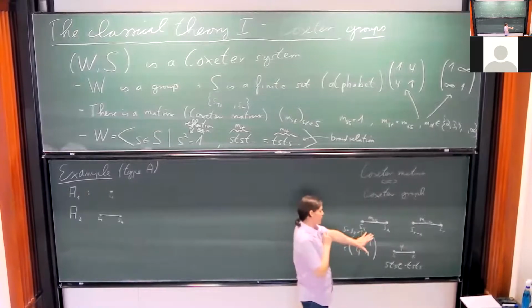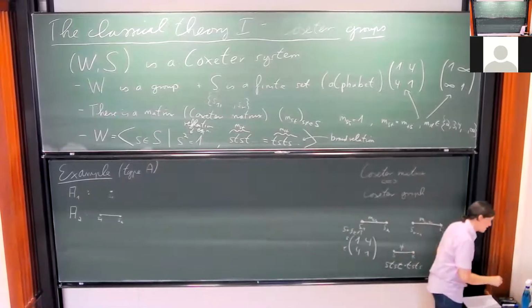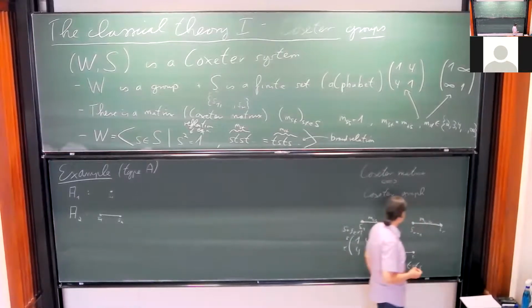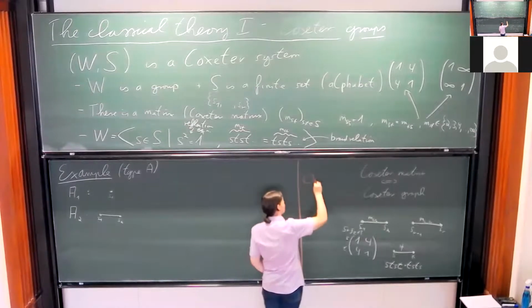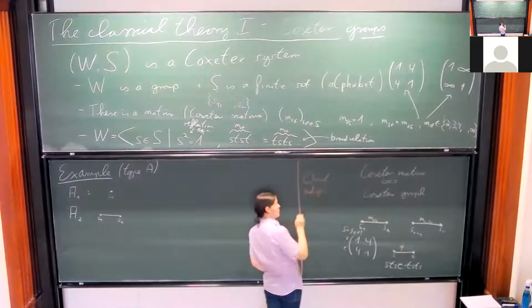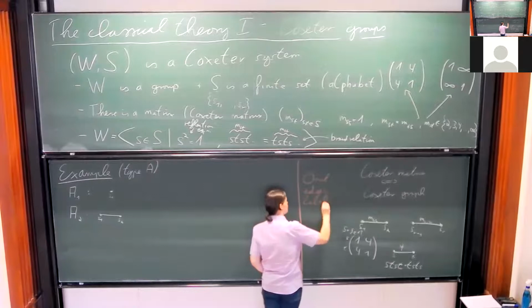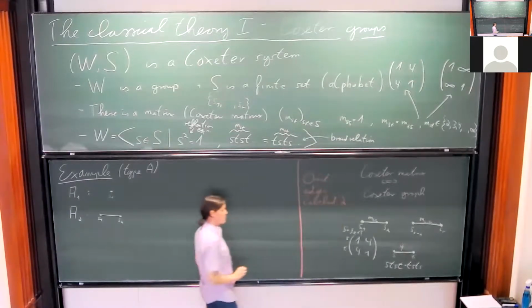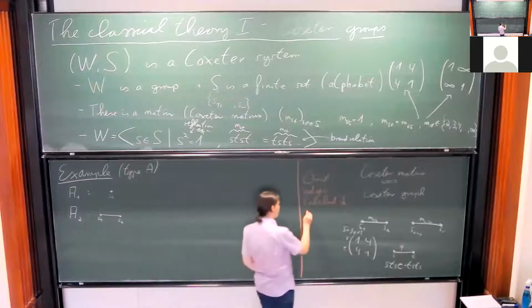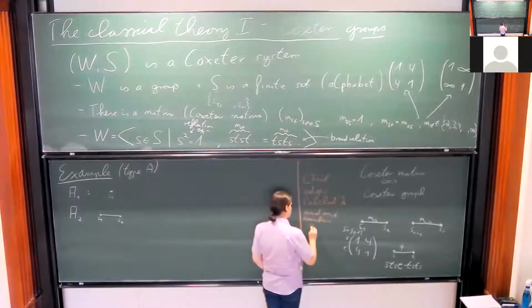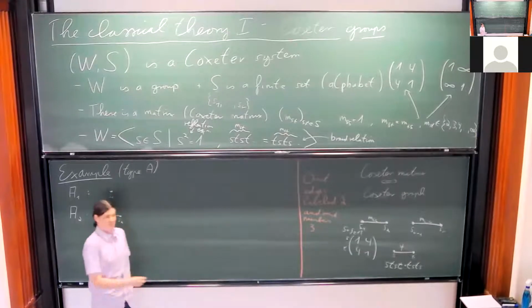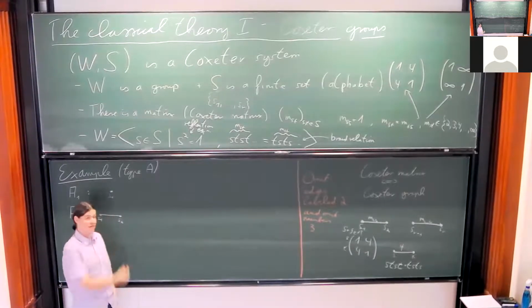This is basically what a Coxeter graph should be, but a lot of people are lazy, including myself, and in this whole presentation you usually omit edges labeled 2, and omit the number 3. That's kind of the classical convention in the setup.